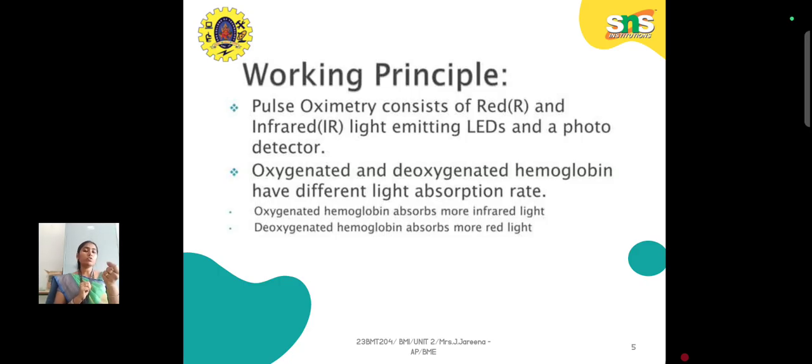You might ask, though we have n number of LEDs in different colors, green and UV also, why did we choose red and infrared? These two molecules, oxy and deoxy, have very good absorption in red and infrared light compared to other light wavelengths.